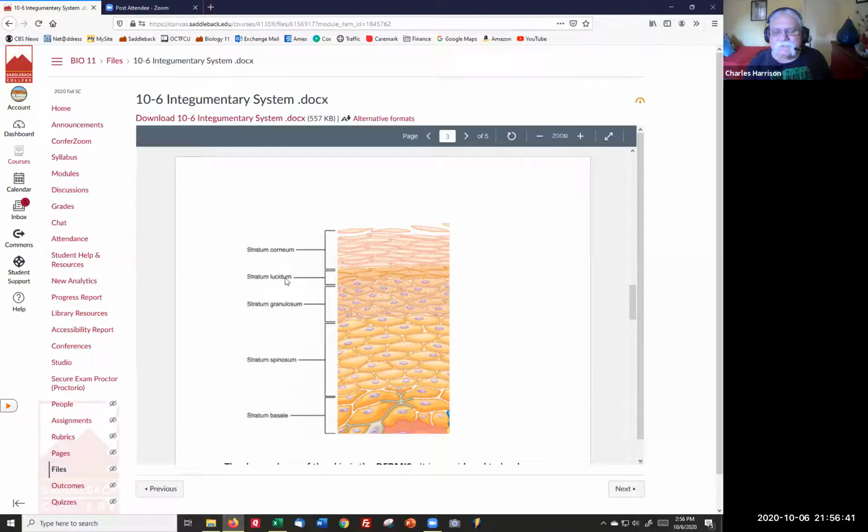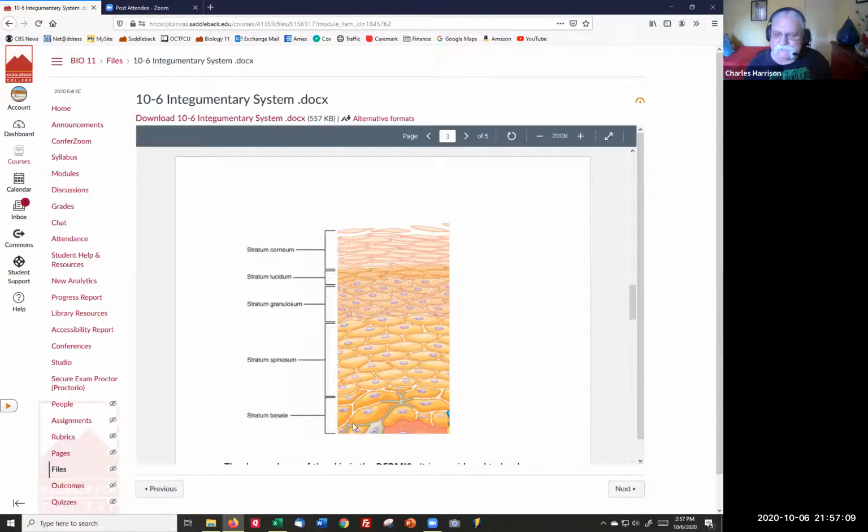Okay. The stratum lucidum here, and the final layer, another layer of dead cells, but they accumulate. This is the stratum corneum, and it contains keratin. You don't have to remember this now, so, to lighten up, okay?